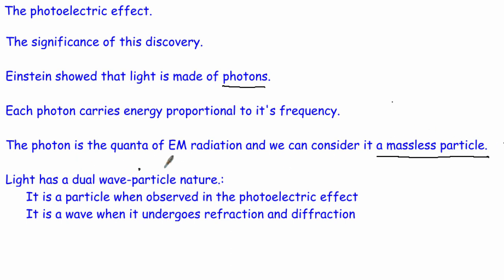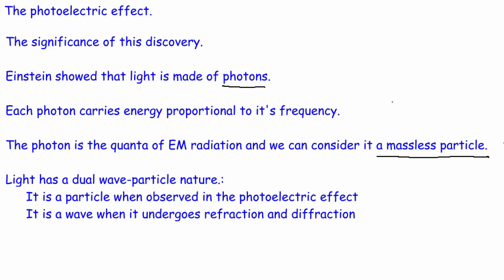So what this means is that light has this dual wave-particle nature. It's a particle in the photoelectric effect, but it's a wave when it undergoes refraction and diffraction. And in another video, we'll have a look at wave-particle duality and how you can apply it to things like electron microscopes.